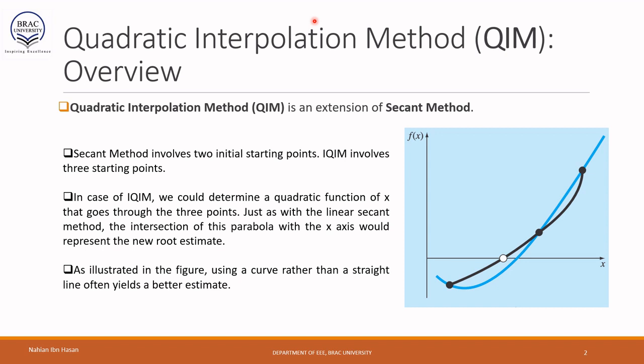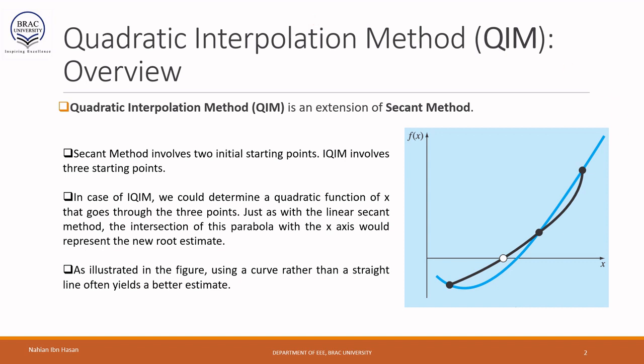In the case of secant method or Newton-Raphson method, we use a first order polynomial, which is a straight line. But now we are going to use a second order polynomial because we have a higher number of points. So that's the difference between the quadratic interpolation method and other open methods. We are going to dive into the details of this quadratic interpolation method in our next few slides.